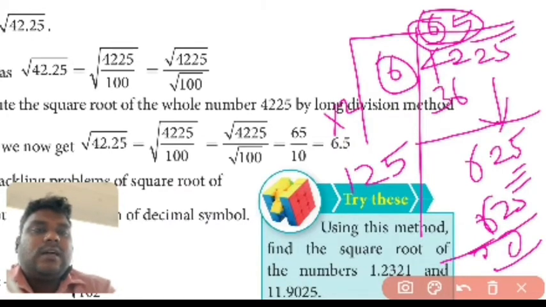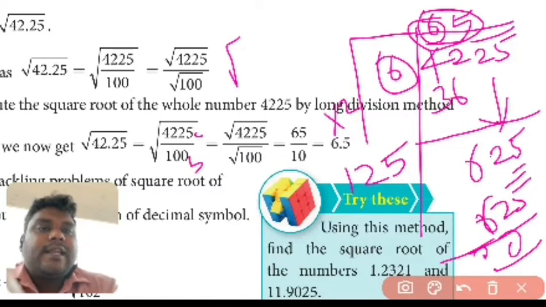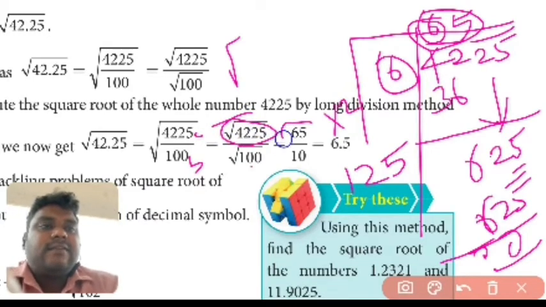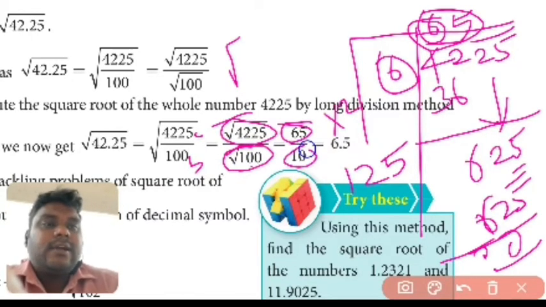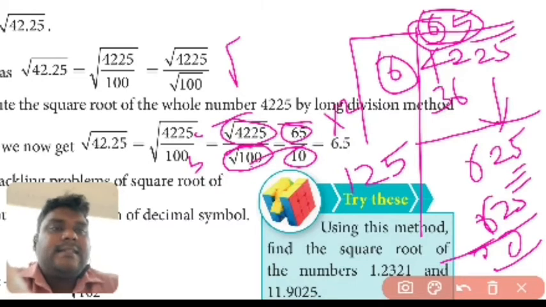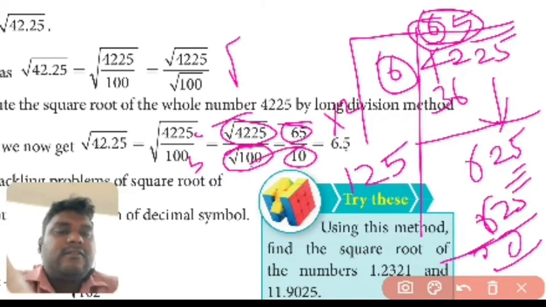Here we use the quotient rule, root a by b equals root a by root b. The square root of that value is 65 and the square root of 100 is 10. So 65 by 10, with 10 in the denominator, gives one decimal: 6.5 is the answer.